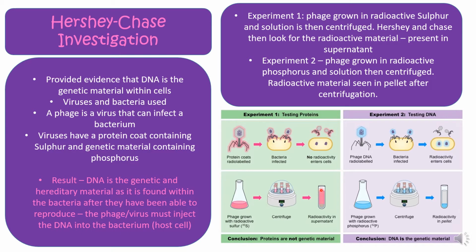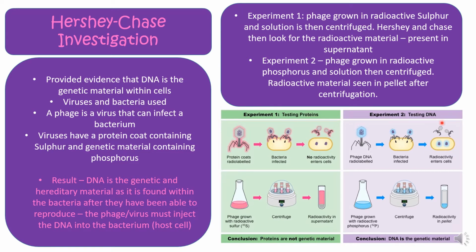So we can deduce that whatever was injected into the bacteria and passed on to the virus offspring is the hereditary genetic material, and this protein coat, which is in the supernatant and not inside the bacteria, is not passed on to the viral offspring.